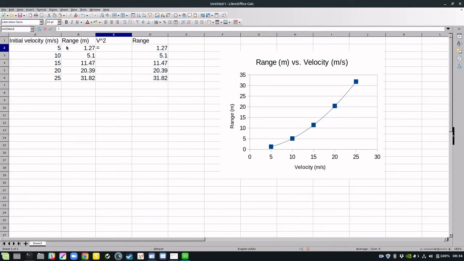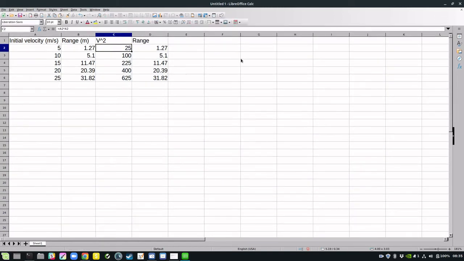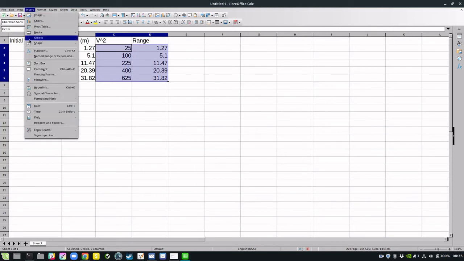This, however, let's do v times v, so v squared. So 5 times 5 is 25, and we're going to look at the graph of v squared on the x-axis and range on the y-axis. So we'll highlight this data, and then we'll insert a chart.